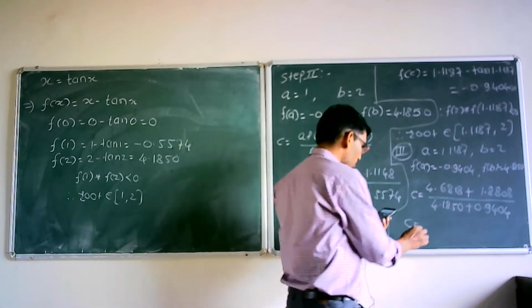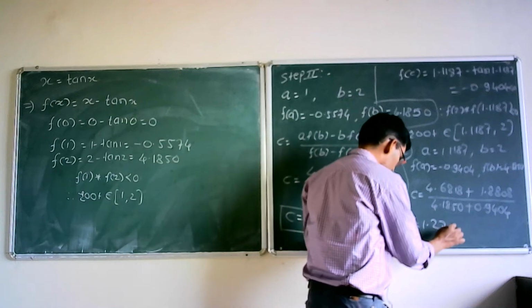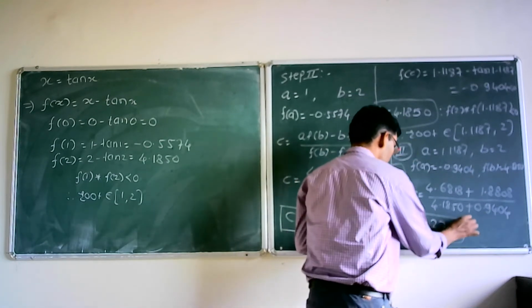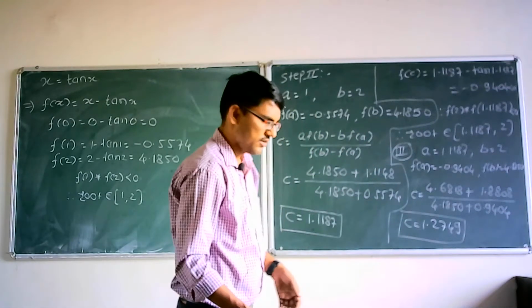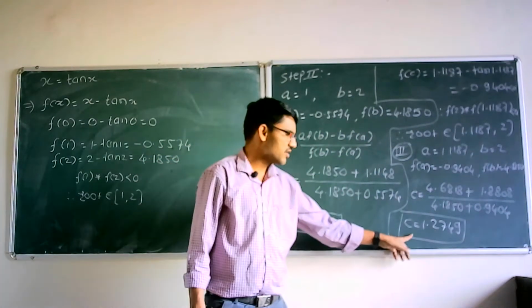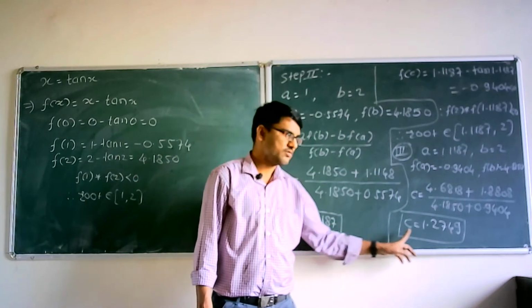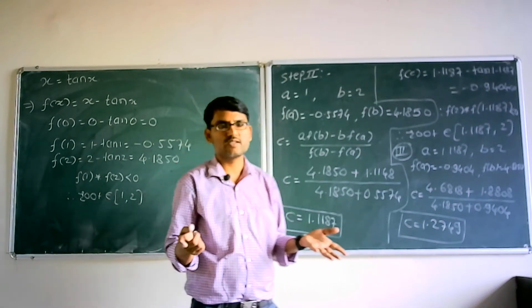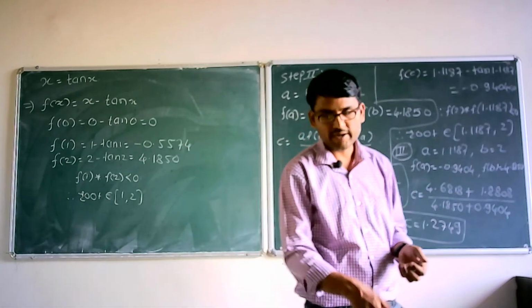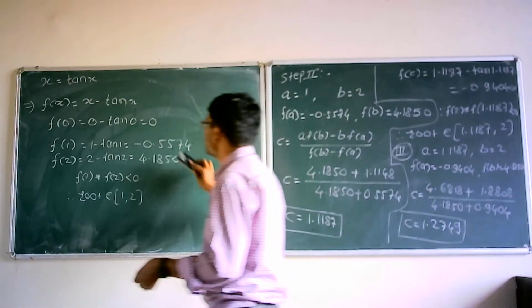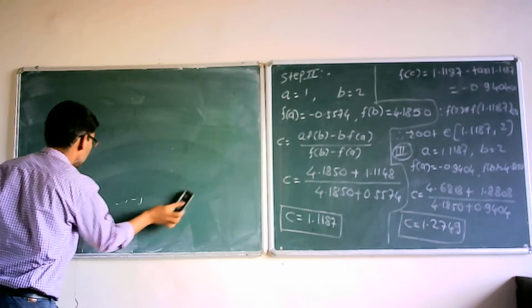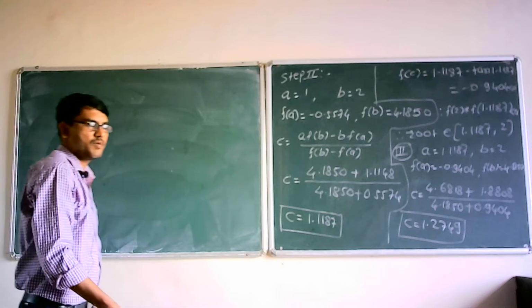This is 1.2749. Now if you observe these previous two successive values of c, they are not correct up to 1 decimal place. So again we want to repeat the procedure. So again, find the value of f of c.